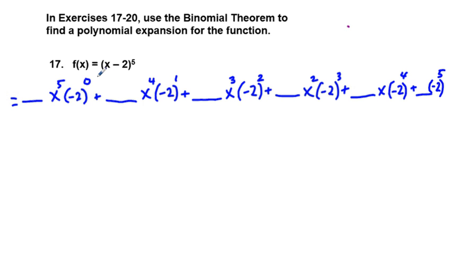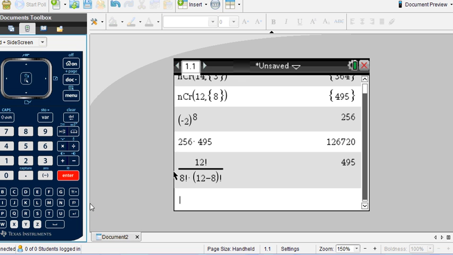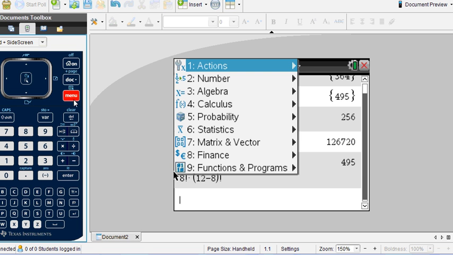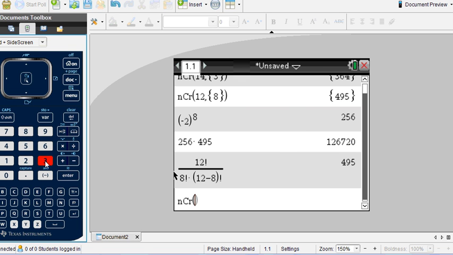Let's go ahead. We're going to have 5. We'll go ahead and pick one with 5. We go to Menu, Probability, Combinations. We're going to have 5, comma, and we'll put control brackets. We have 0, comma, 1, comma, 2, comma, 3, comma, 4, comma, 5.